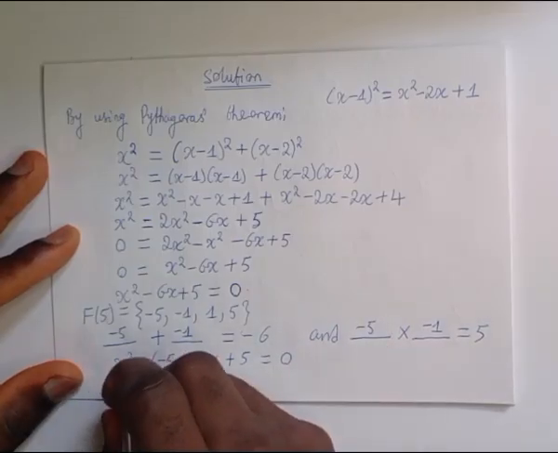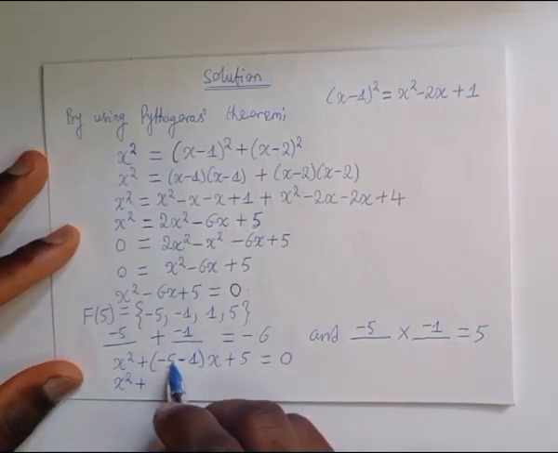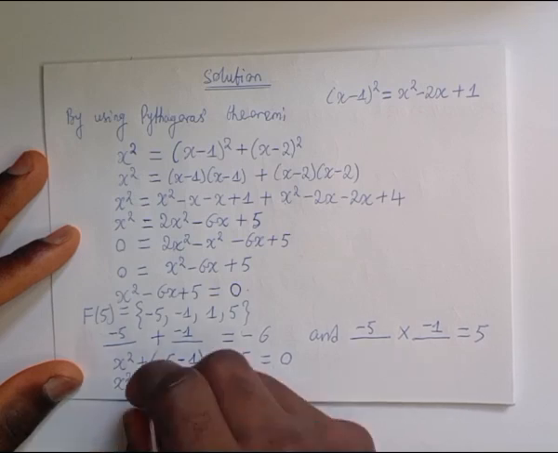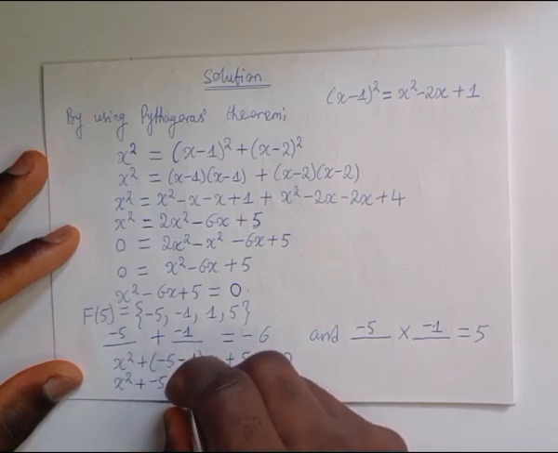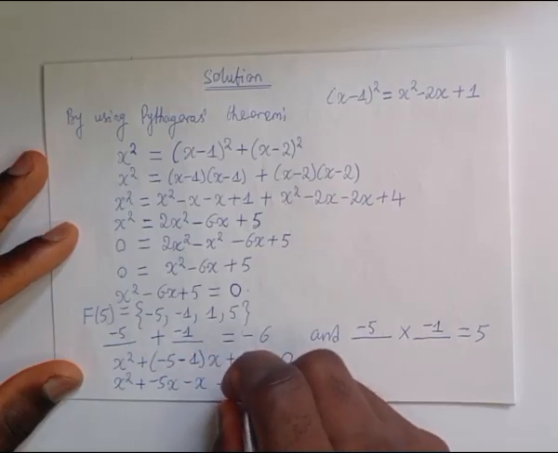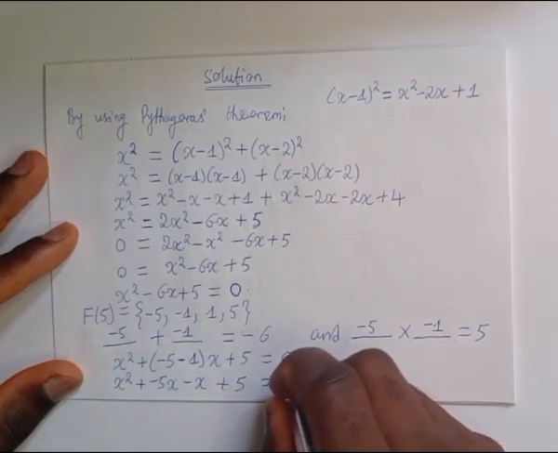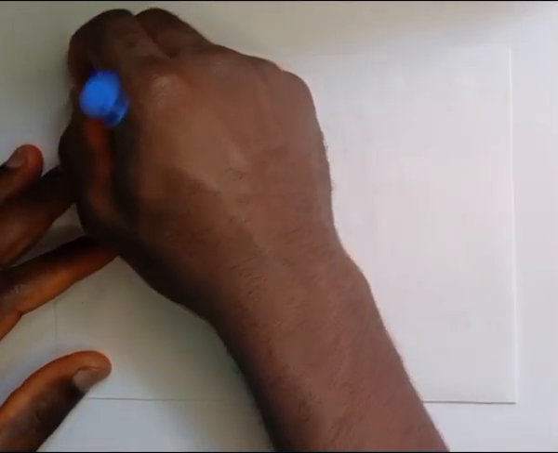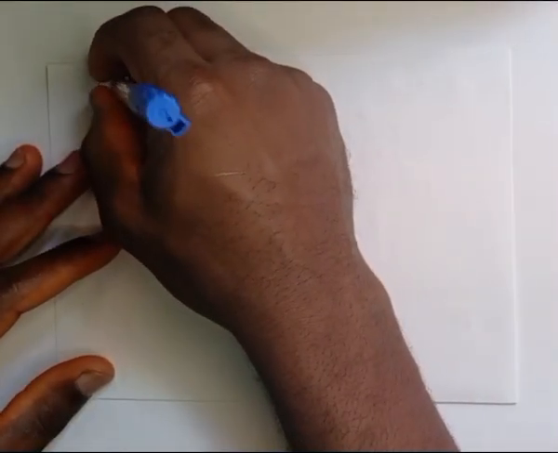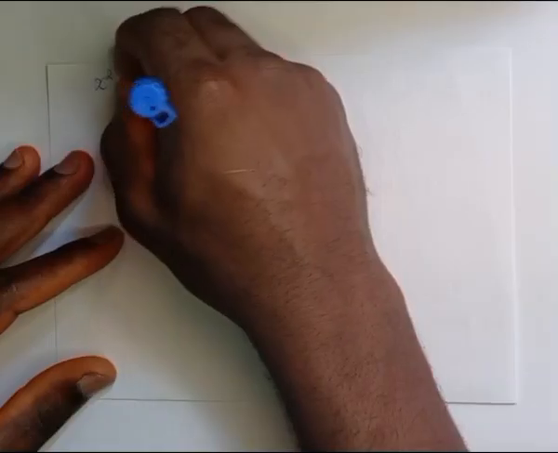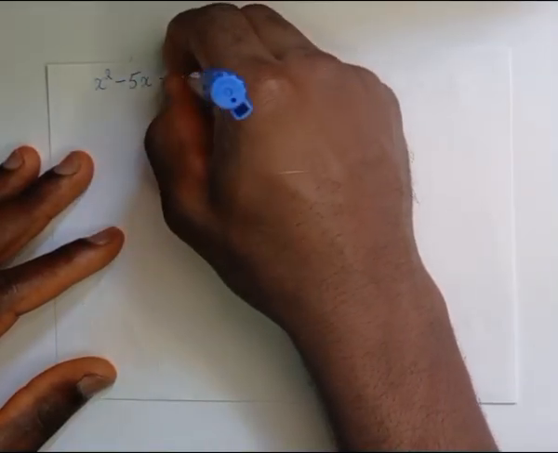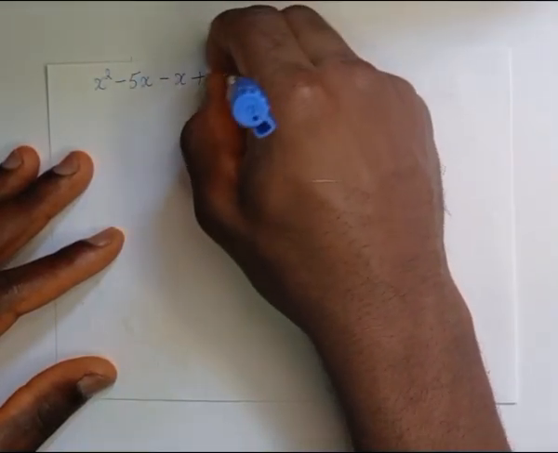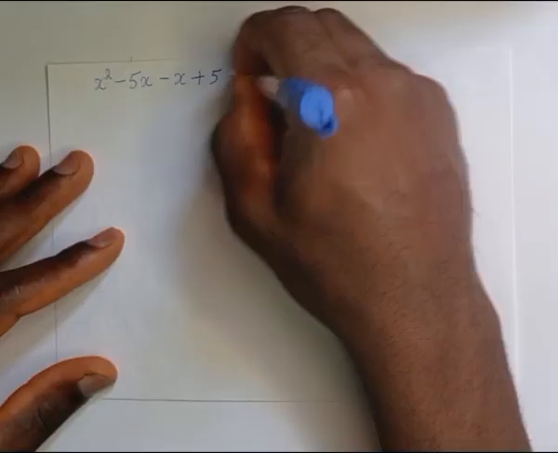We expand the brackets, -5 times x gives -5x, -1 times x gives us -x, plus 5 is equal to 0. This will give us x squared minus 5x minus x plus 5 is equal to 0.